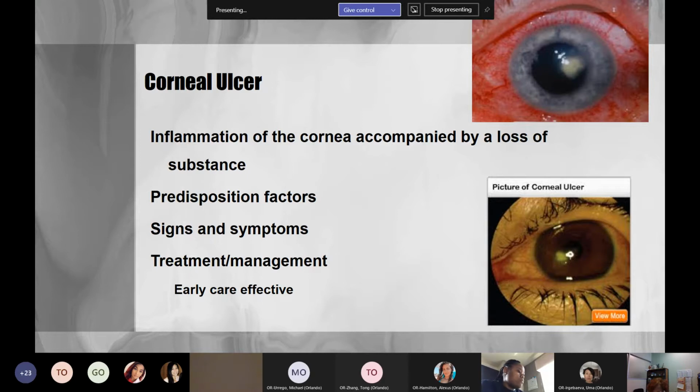Again, we want to make sure with a corneal ulcer, they tend to go to the doctor too, and they can do an ultraviolet light, put the medication. It's usually a kind of yellow medication that they put in the eye, and then they shine an ultraviolet light, and it can actually show any kind of abrasion or even give a better view of this corneal ulcer.